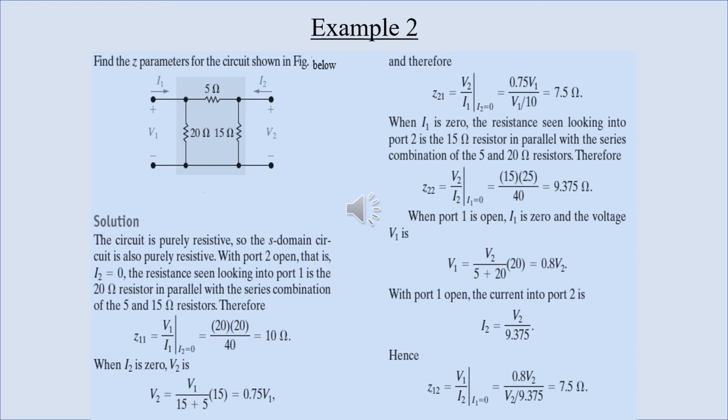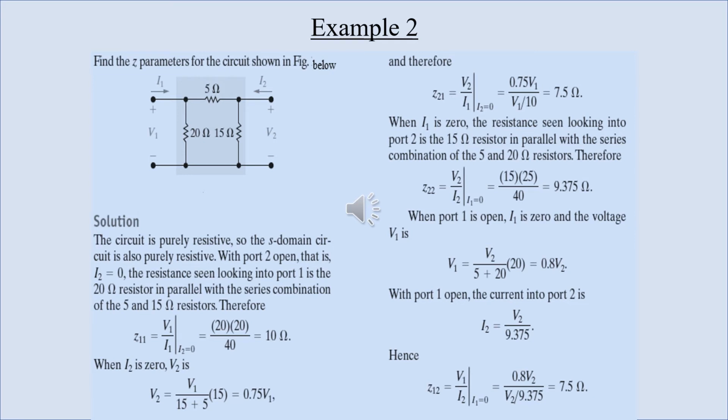So calculating for Z12 and Z22 now, we'll set our I1 to be equal to 0, and our formula for Z22 is V2 over I2. Remember, since our I1 is equal to 0, there is an open circuit at the input side now, and our voltage source V2 will be connected to the output side of the circuit.